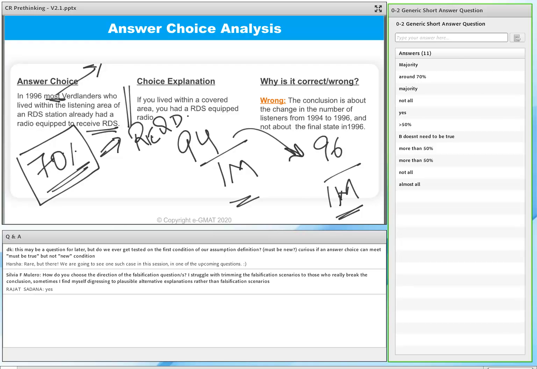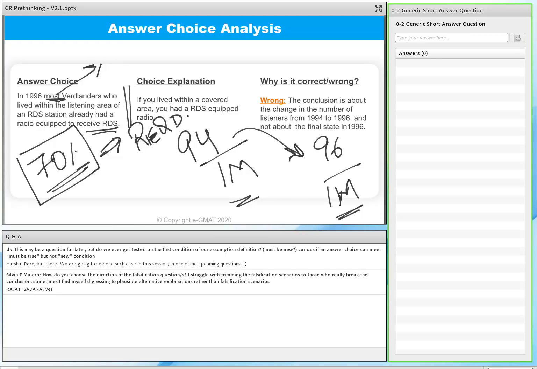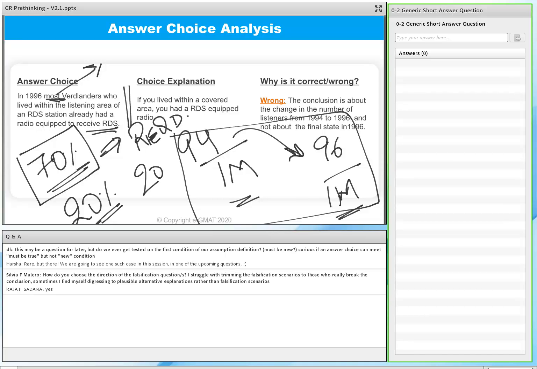Or in other words, will this conclusion not hold true if 20% had an RDS radio in 94 and the same 20% had the RDS radio in 96? Do I need that 70%, or do I need that most, for that conclusion to hold true?